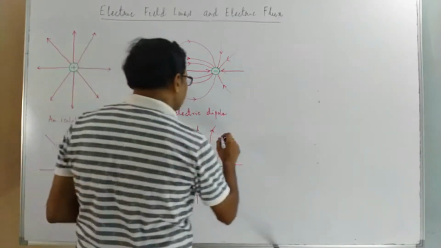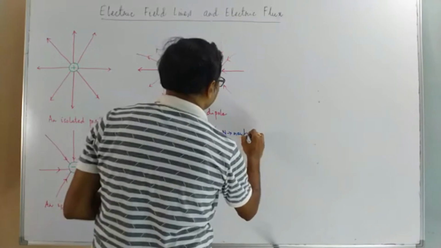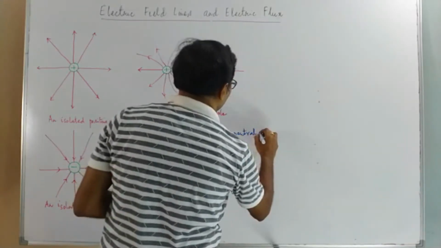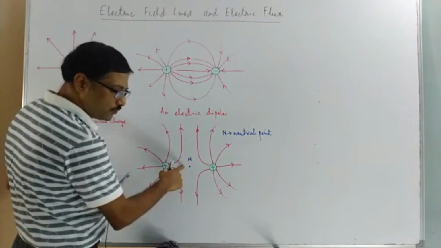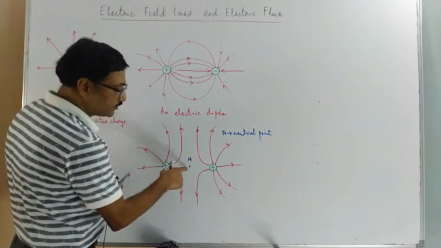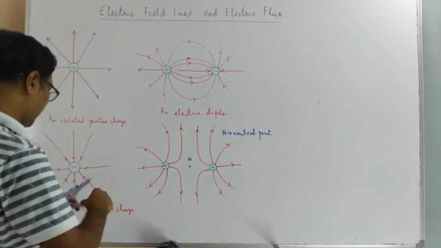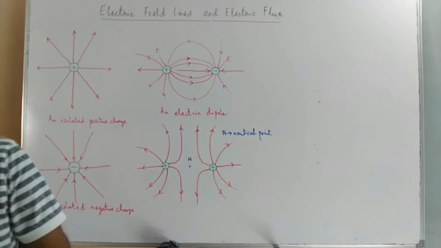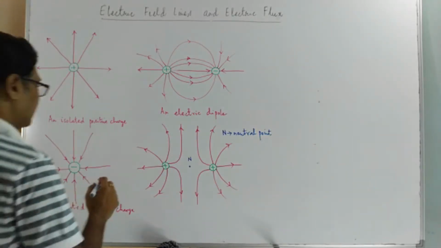This A is known as neutral point, and no electric line of force will pass through this point. So this is the case with two equal positive charges.